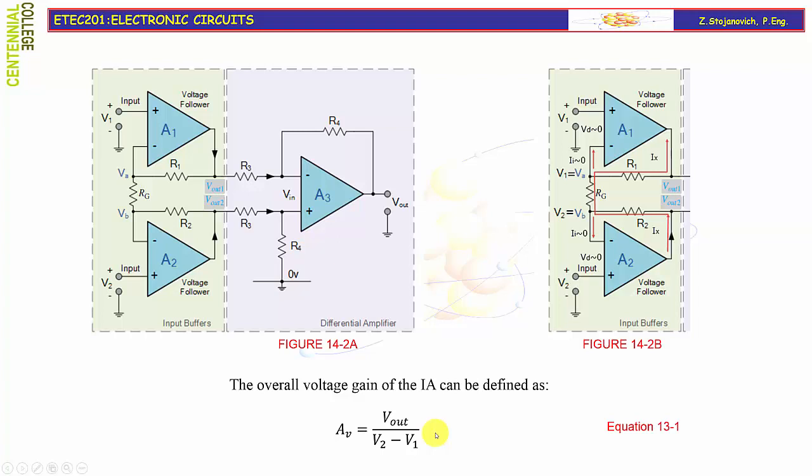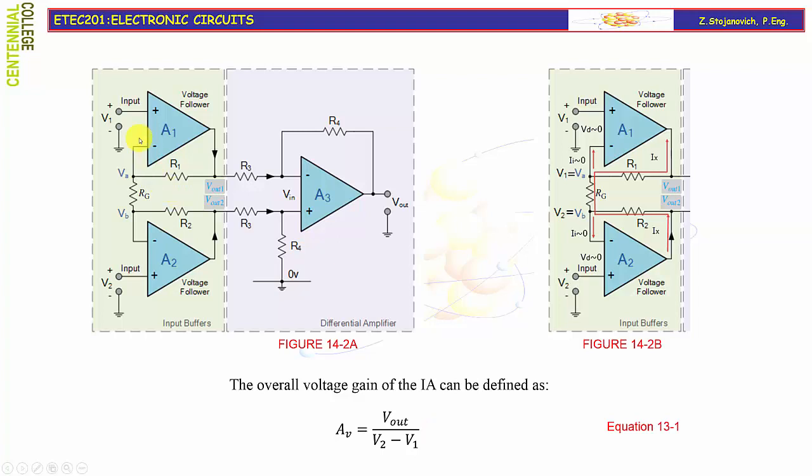If we look now at figure 14-2a, we will identify certain currents and voltage correlations which will help us in the derivation of this voltage gain in terms of individual voltage gains of each of the stages in the instrumentation amplifier.